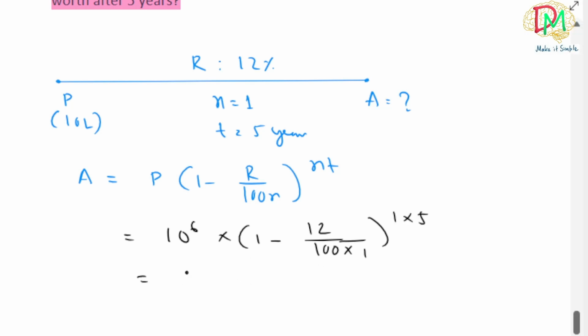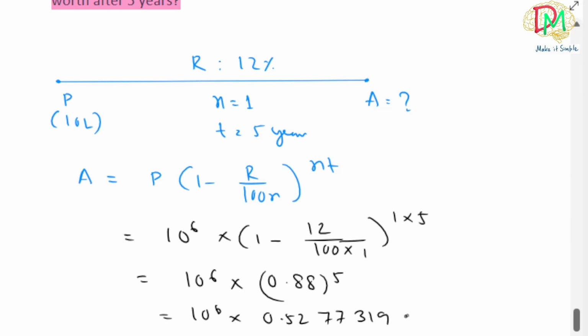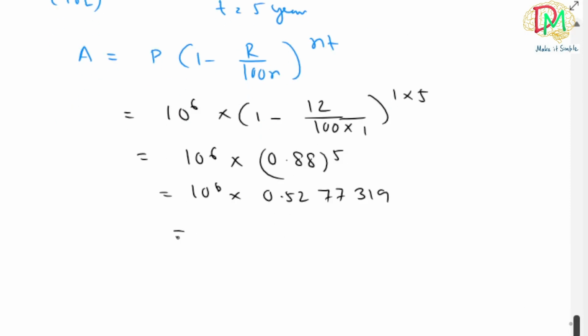So we get the value 10 to the power 6 into 0.88 to the power 5. 10 to the power 6 into 0.5277319, and finally we get the answer 527731.